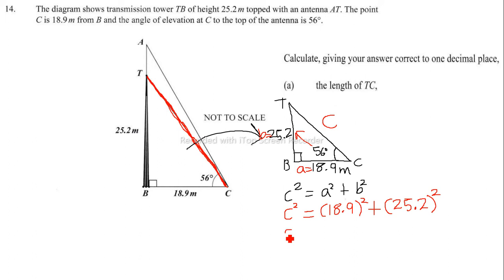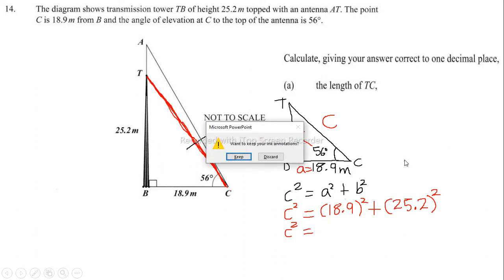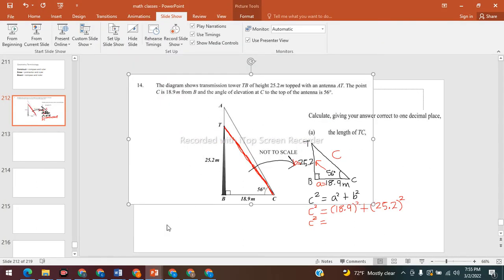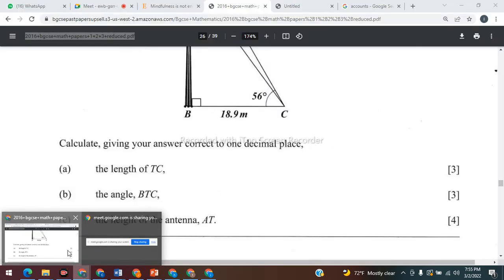So c squared is going to be equal to what is 18.9 squared? We have to actually go on our calculator, but it basically is 18.9 times 18.9, right?